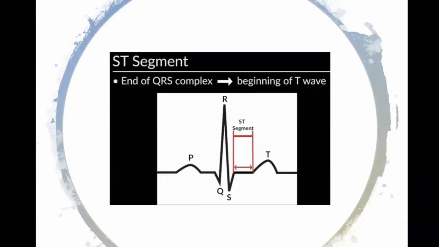So looking at the ST segment, this is measured from the end of the QRS complex to the beginning of the T wave. It is normally isoelectric in that it is flat running across the baseline. Changes in the ST segment can reflect ischemia or inflammation, the former of which is quite unusual in the pediatric population, but can occur.